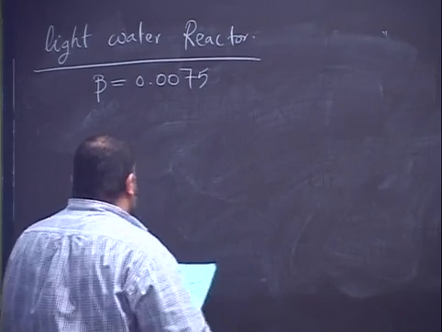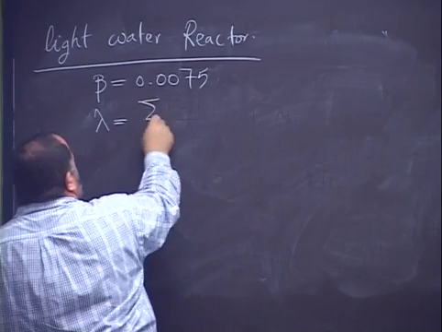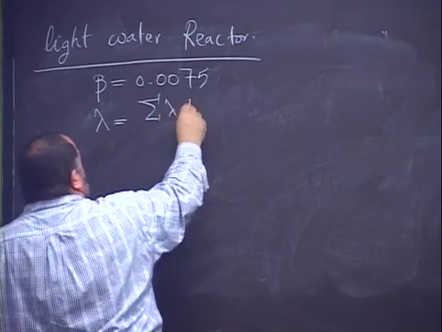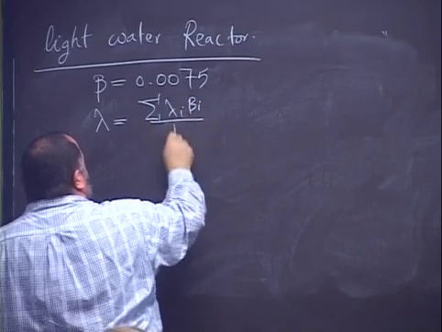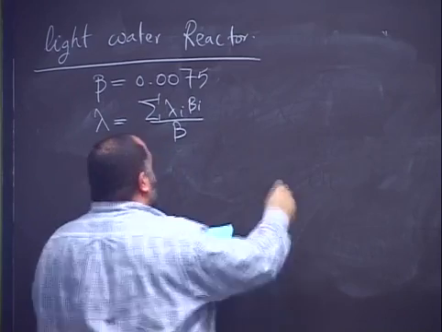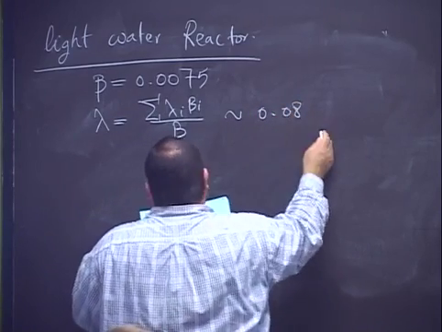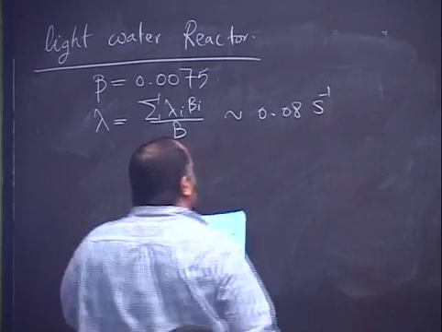And the lambda equivalent is what? Summation of lambda_i beta_i divided by beta for light water reactors. This will be nearly 0.08 second⁻¹.